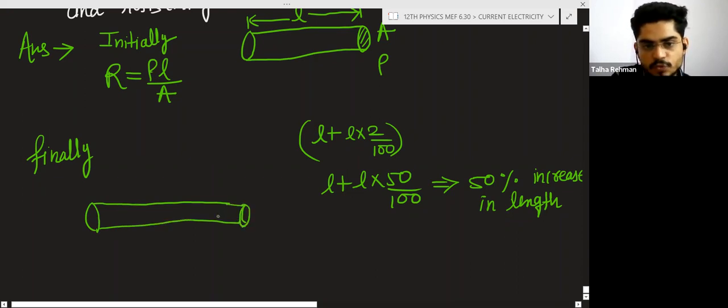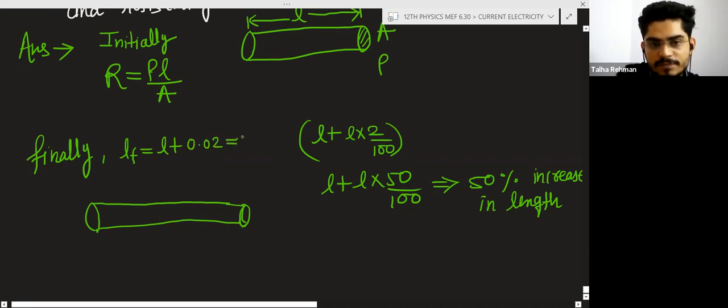Length is increased by 2%. Now, this is the final length, I am supposing this. Finally length final is L plus 0.02 L. So this will become 1.02 times of L. The length is now 1.02 times of L, a 2% increase.